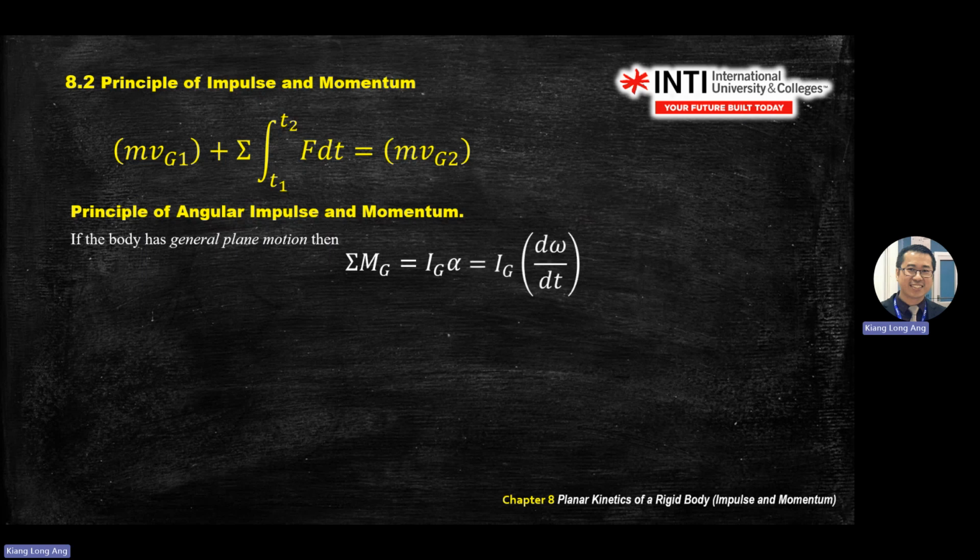Then recall the definition of alpha: alpha equals d omega over dt. Again, we don't like dt, so we move dt to the left-hand side. On the left-hand side you have dt, on the right-hand side you have d omega. You integrate both sides and you will see the same form as what you see on the top.